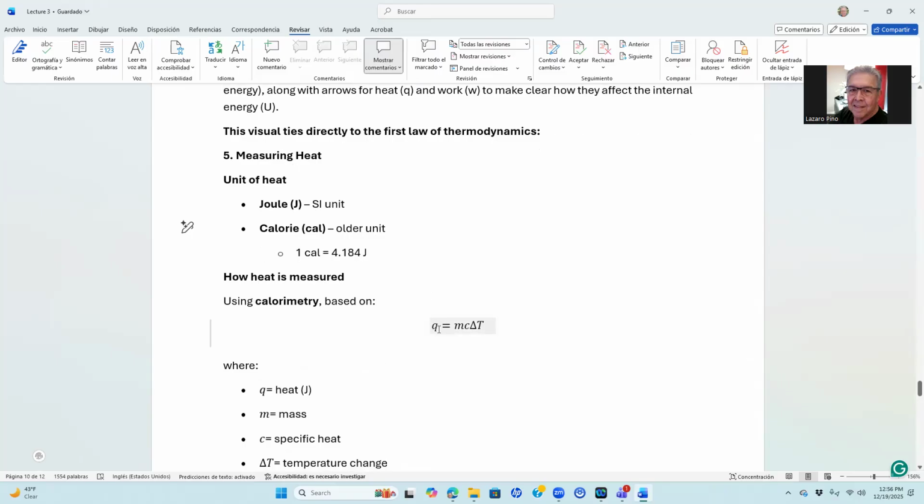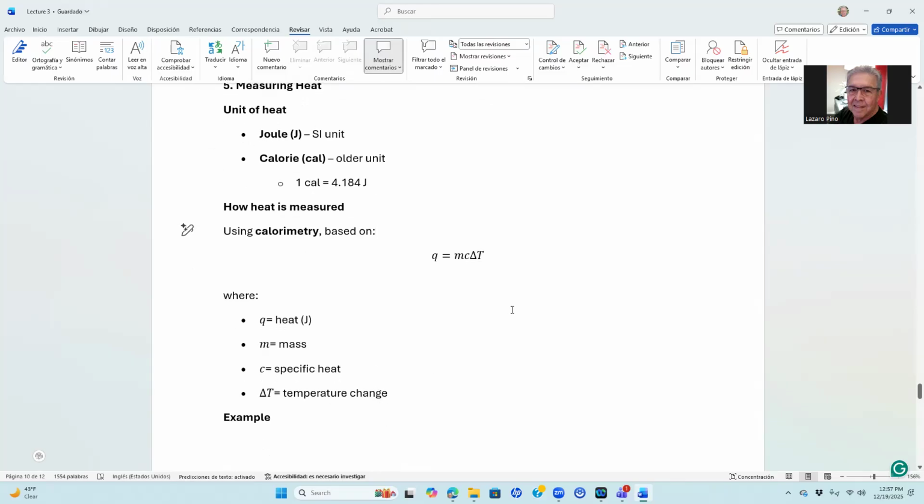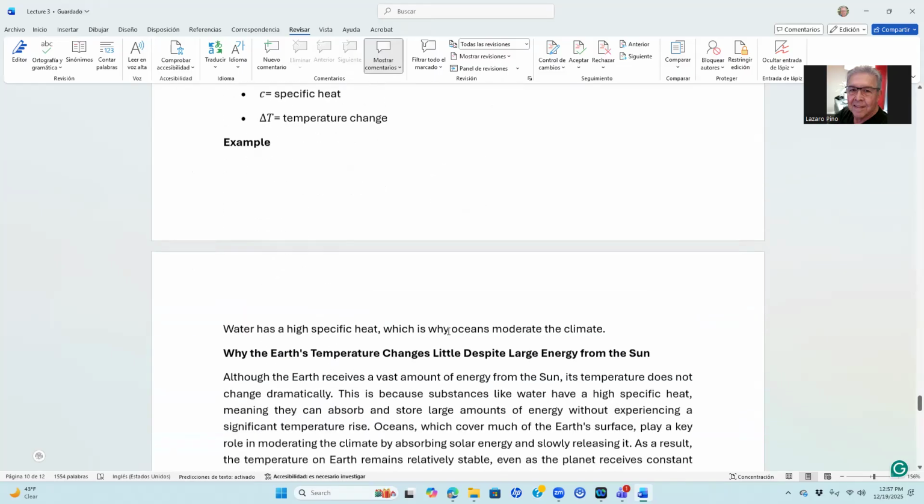If you know that Q, that is the heat in joule, is equal to the mass times the specific heat, that is C, times the change of temperature, final temperature minus initial temperature, that is delta T, you can calculate the amount of heat that is produced.